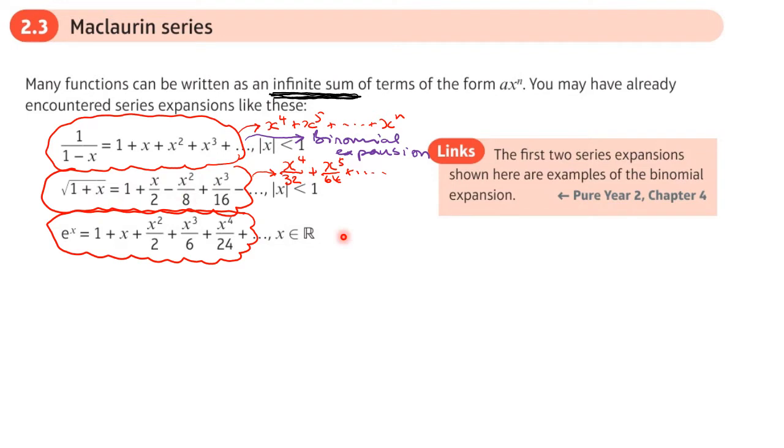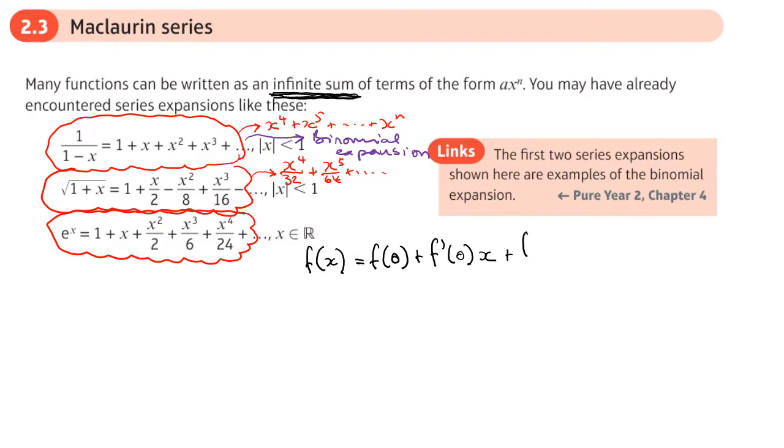Now this is what Maclaurin's series looks like. Let's get a pen. So it's like this, and let's do it in black. We have our function, and it can be written as the function evaluated at 0 plus the derivative of the function evaluated at 0, and that's the coefficient of x.